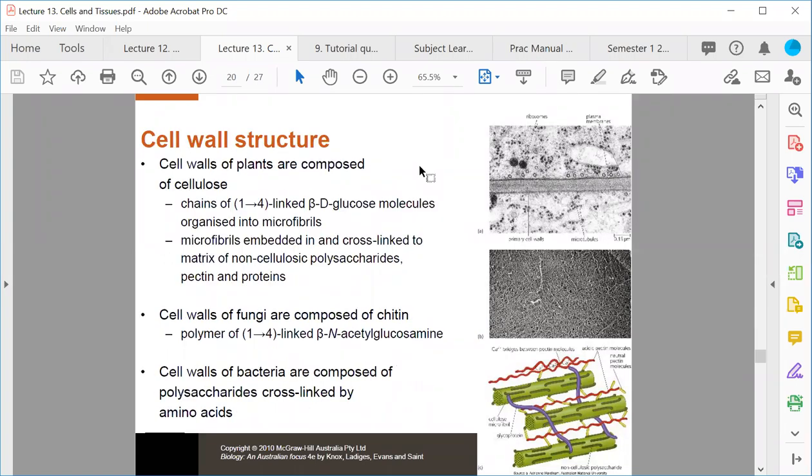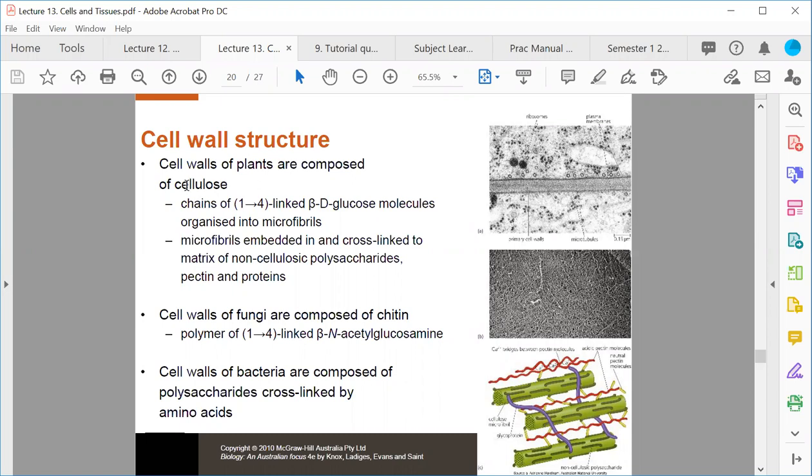Let's take a look at the structure of a plant cell wall. Cell walls of plants are composed of the structural polysaccharide called cellulose, and you might remember the building block of cellulose is glucose.